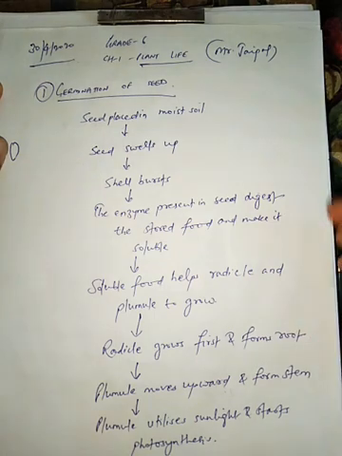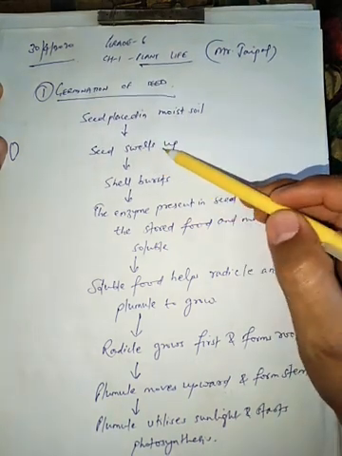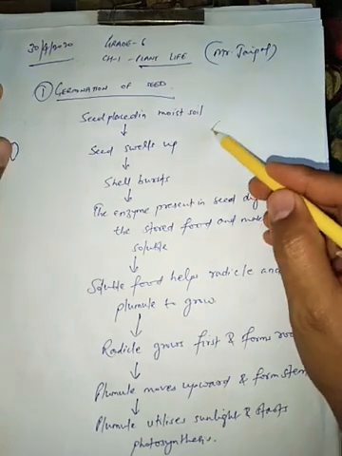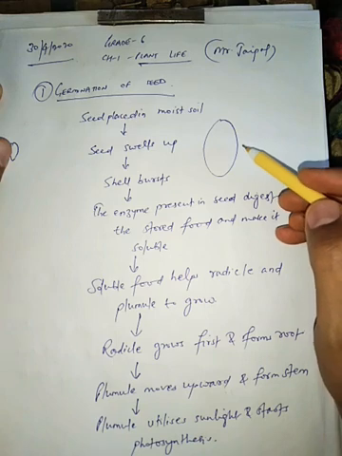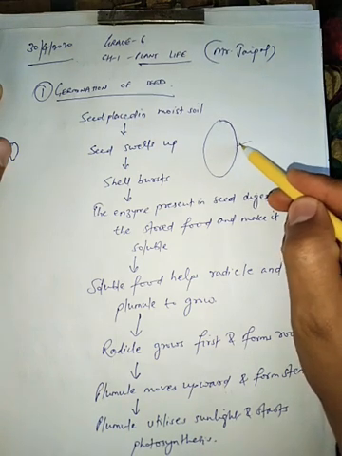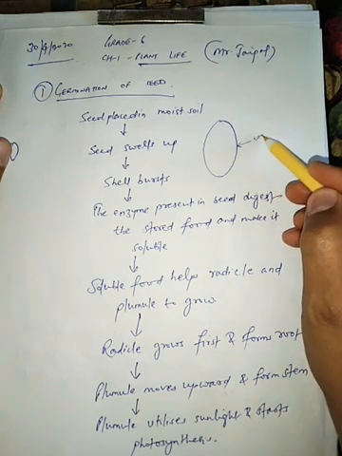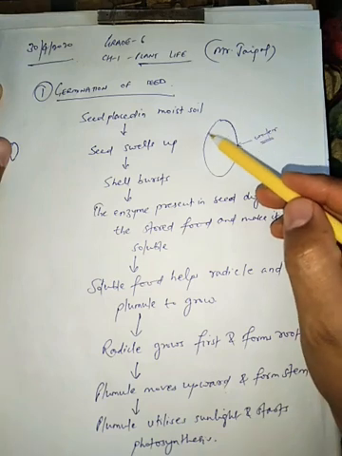Now students, see, as the seed is placed in moist soil, the seed swells up and it becomes soft. Now how does it swell? Because there is entry of water, that is moisture, into the seed and it swells.